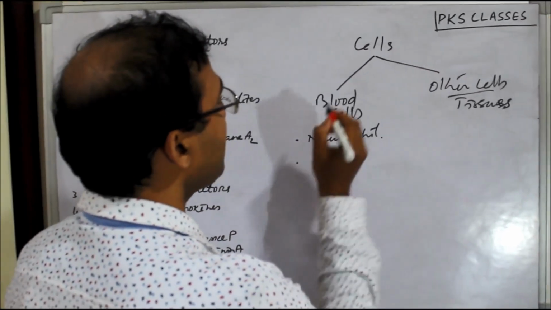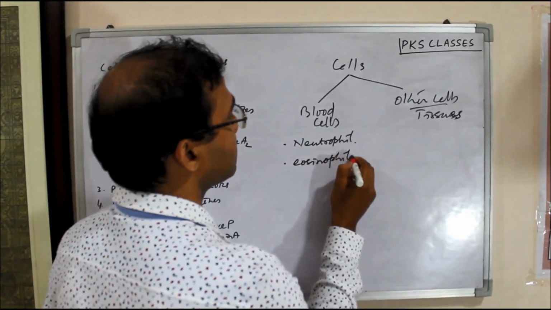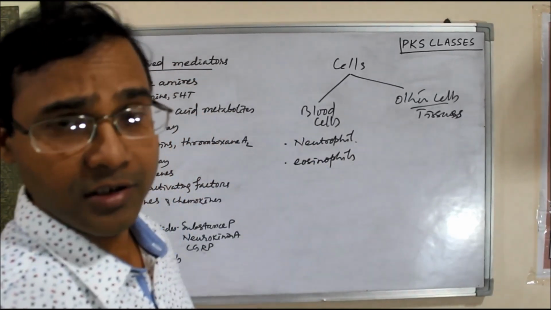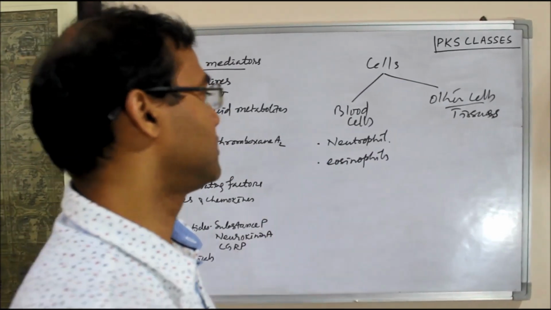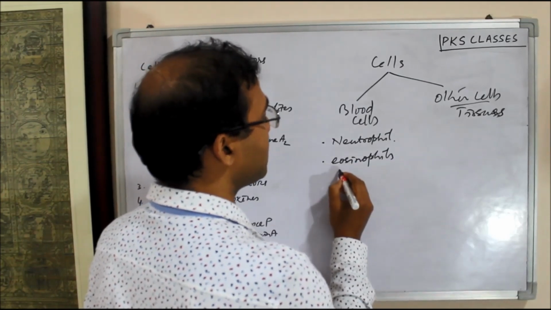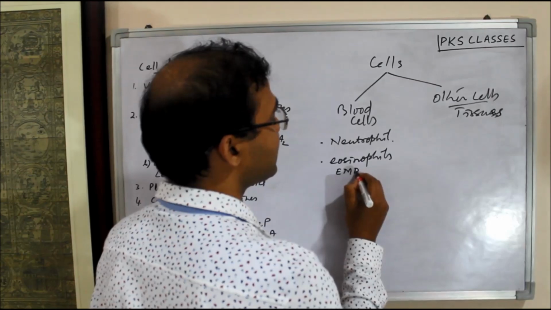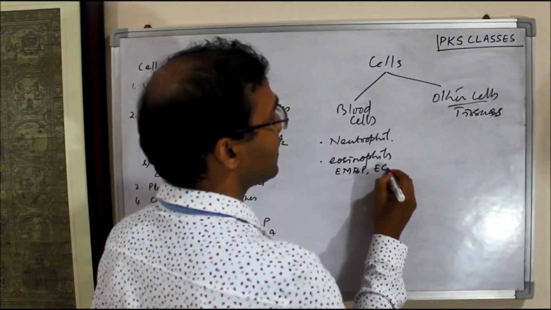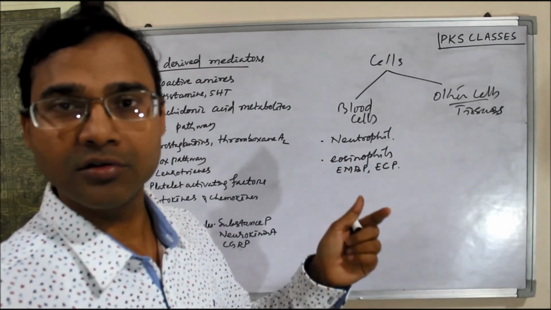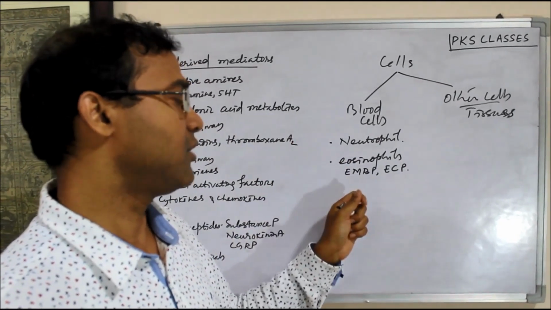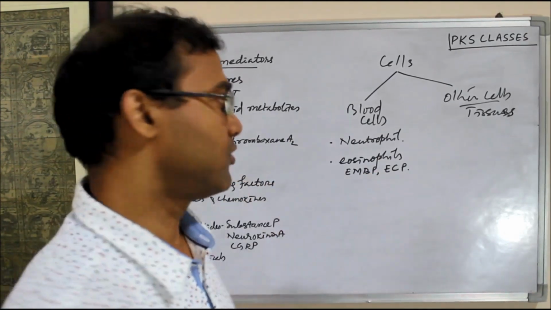Then we have eosinophils. Neutrophil, eosinophil and basophil are called the granulocytes, so they have the granules. Eosinophils have the toxic granules, which contain eosinophil major basic protein, eosinophil cationic protein, and all these proteins kill the microbes.